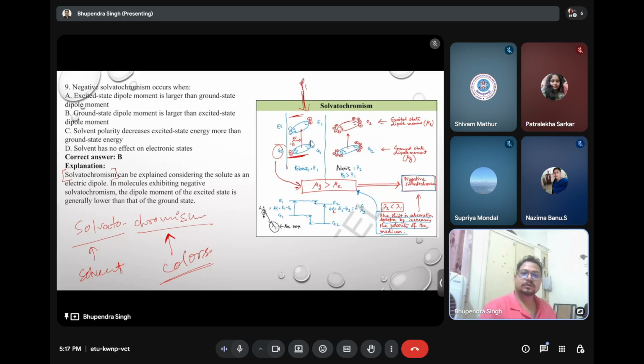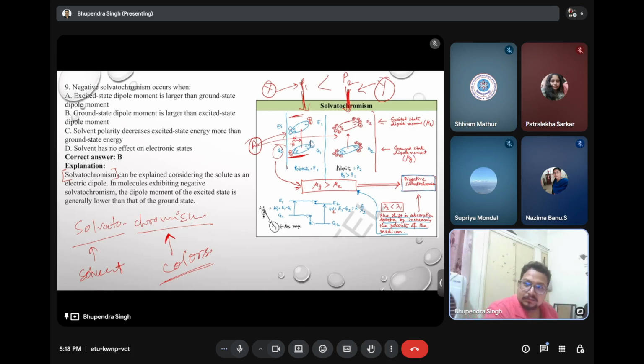I am assuming the name of the solvent is X. Let's say the molecule was A. The same molecule A is here in a different solvent, which I am saying is Y. The polarity of this solvent Y is P2, and the condition is that P2 is higher.